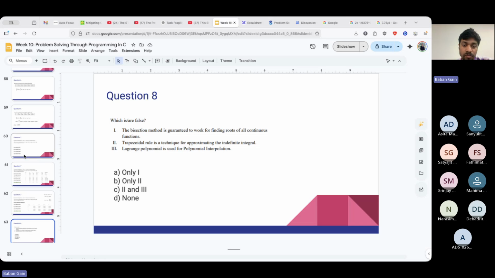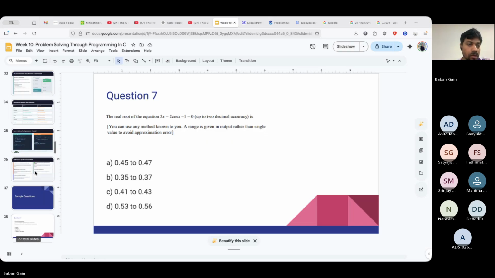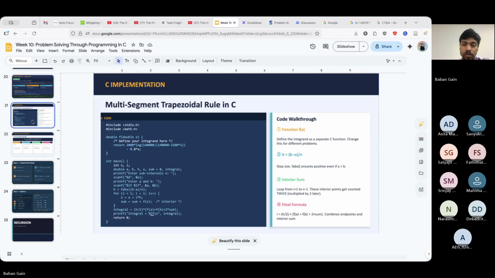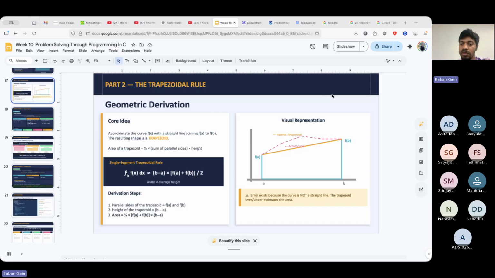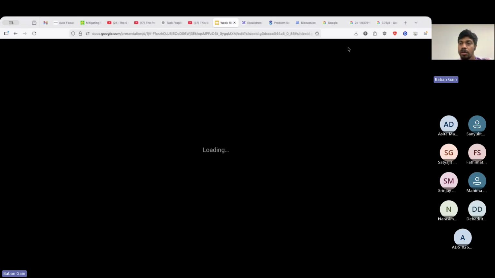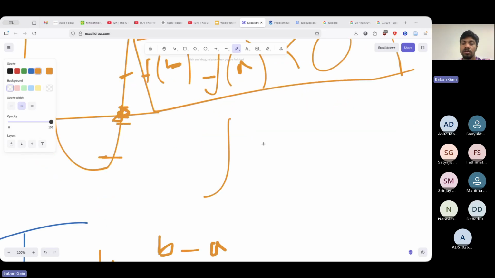Here you can see in case of trapezium, it is not really indefinite. Indefinite means integration like this, integration of f(x), there is no value here.